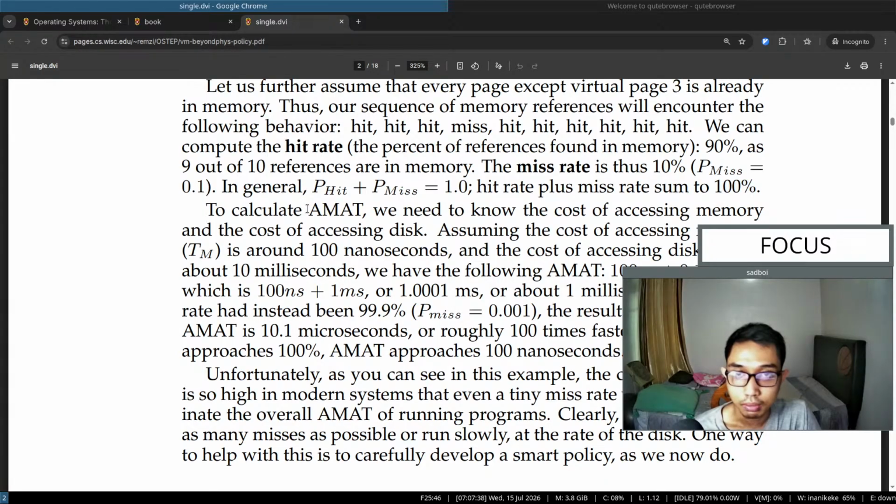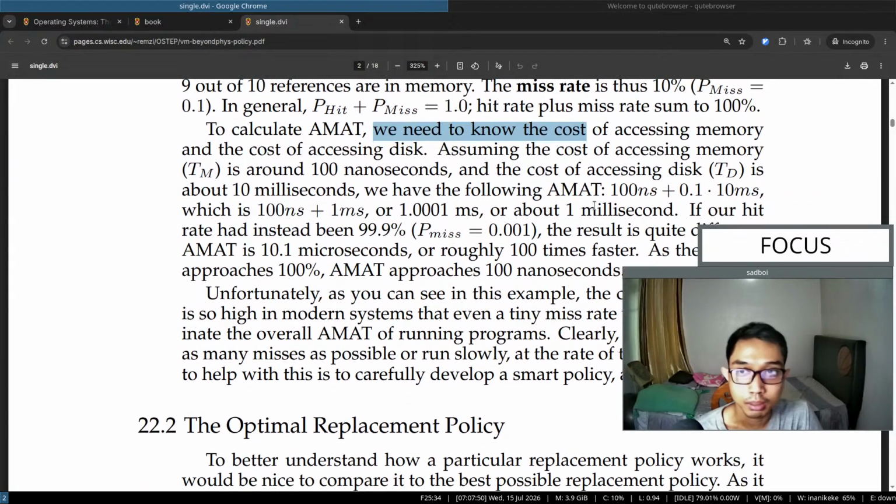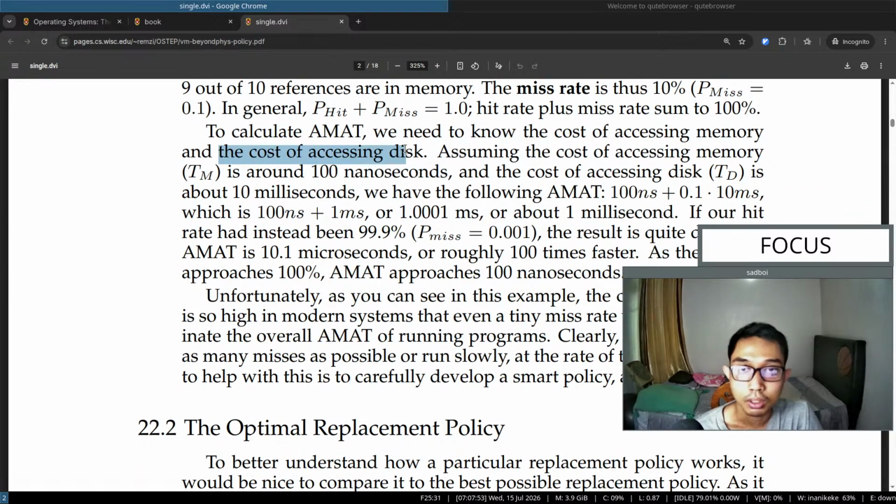To calculate the average memory access time, the AMAT here, we need to know the cost of accessing memory and the cost of accessing disk. Assuming the cost of accessing memory, the T_M, is around 100 nanoseconds, and the cost of accessing disk, the T_D, is 10 milliseconds.